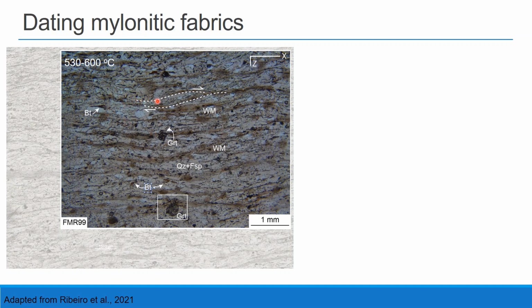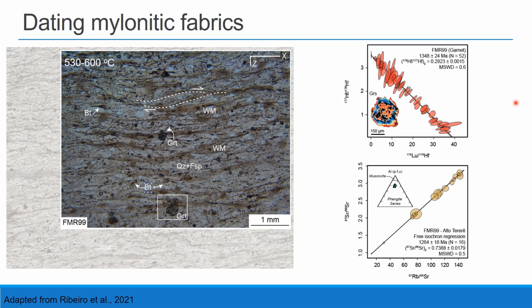All these SC fabrics of micas and these very tiny grains of garnet that sometimes show to be prekinematic, sometimes synkinematic. It's a bit uncertain. So I did lutetium-hafnium garnet in situ and also rubidium in situ in the micas.